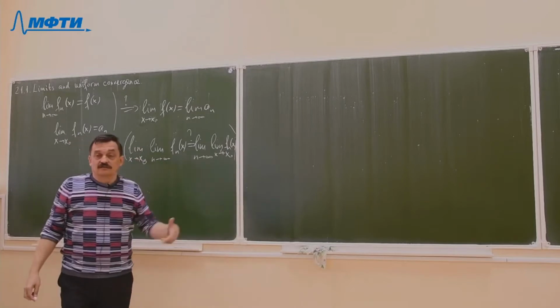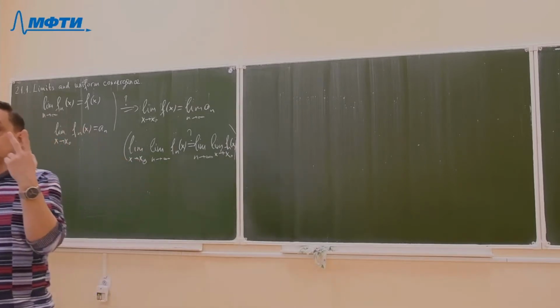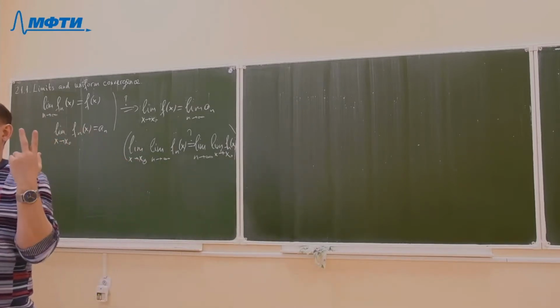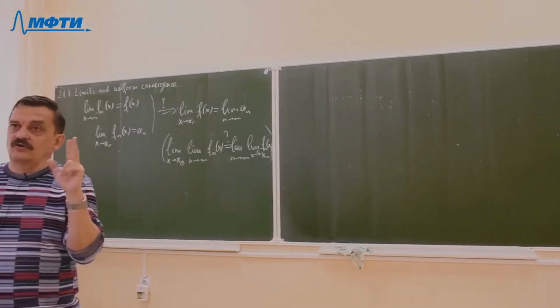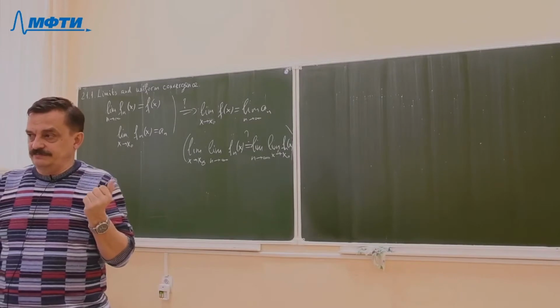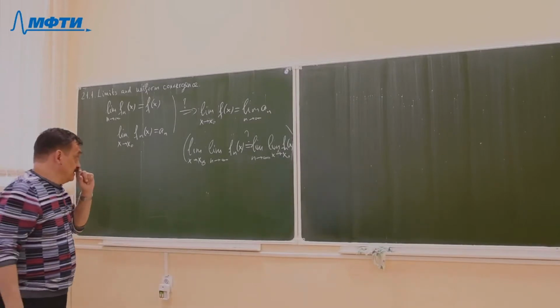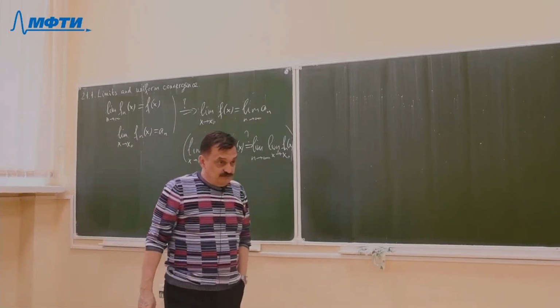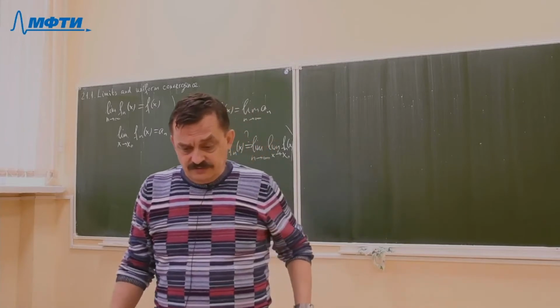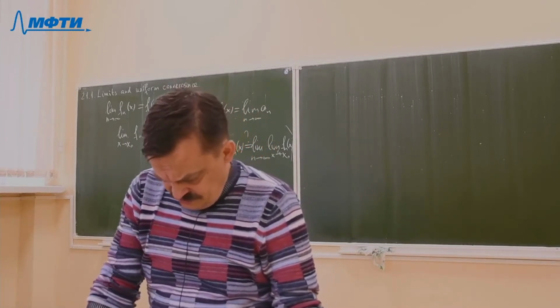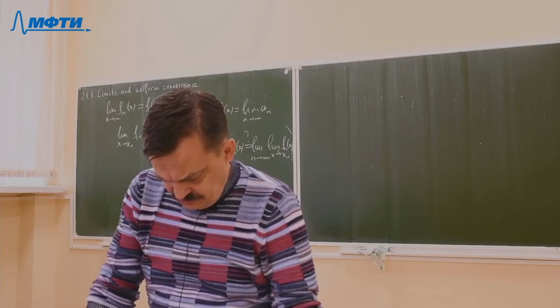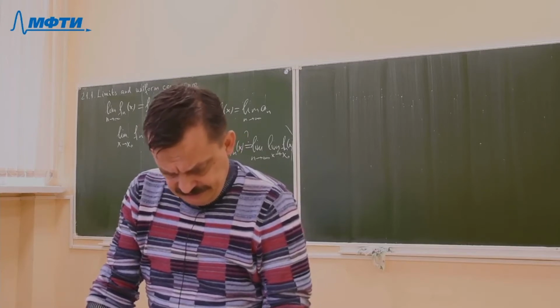You see, the question is when we can interchange the order of two limits. In general it is not possible to do, so maybe I will give some example later.